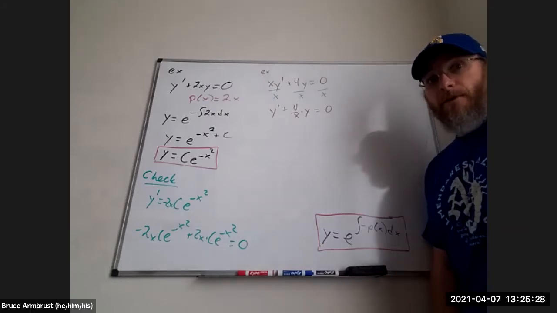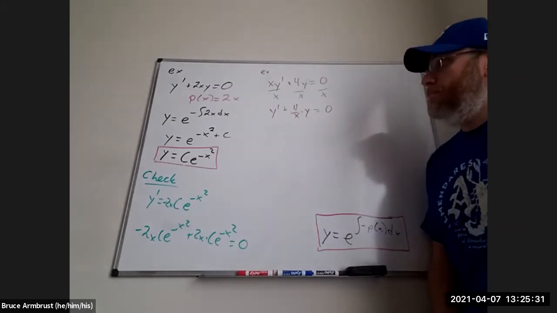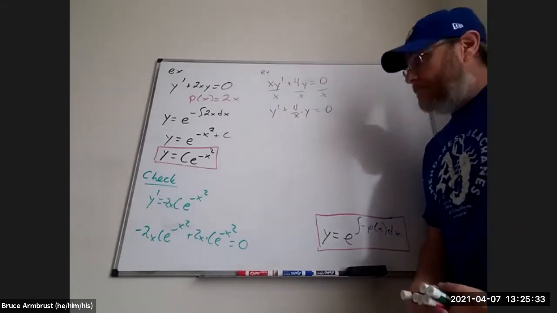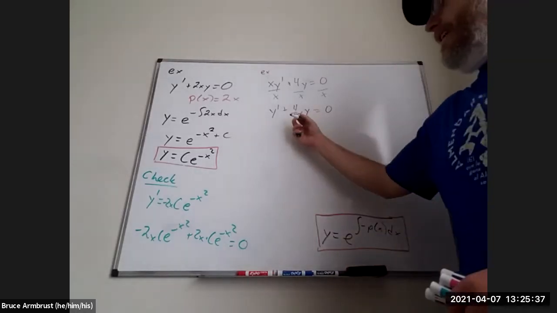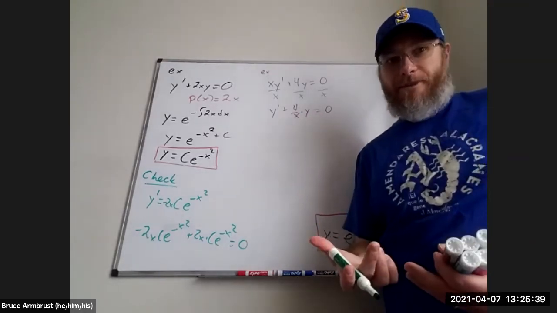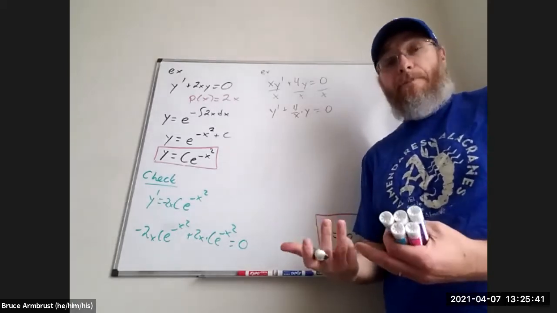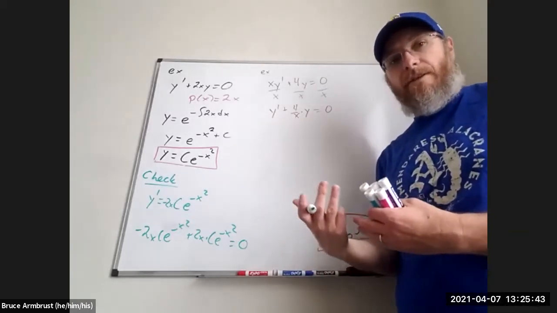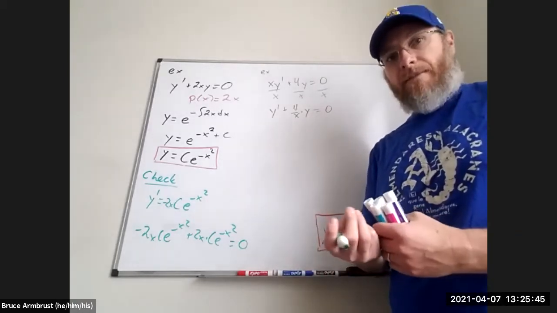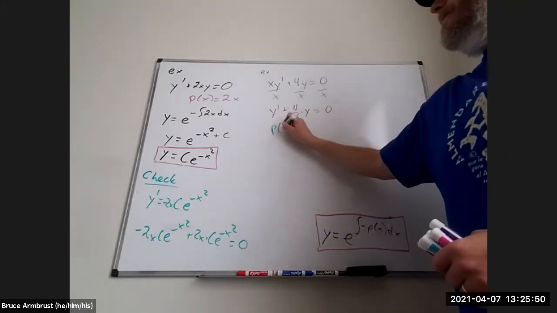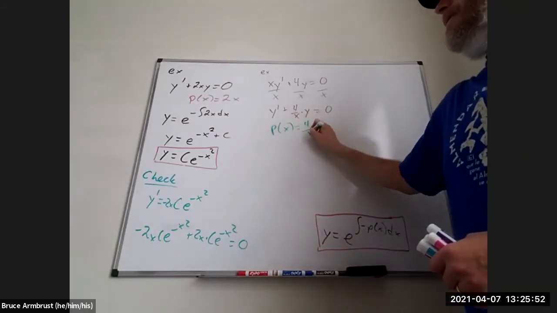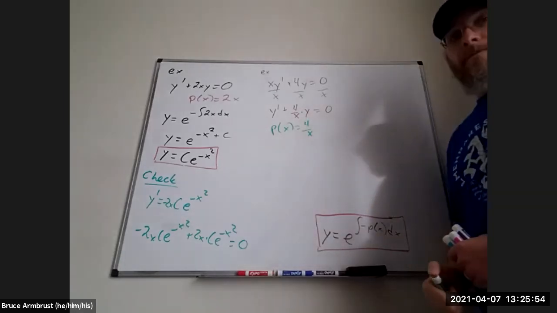And then you're going to be in the form that you need. I bring these things up not to try to trick you, but because differential equations are not always written in the form we want. Sometimes we've got to do algebra to get it there. So in this case, P of x is actually 4 over x.